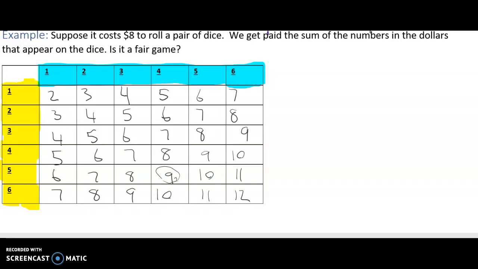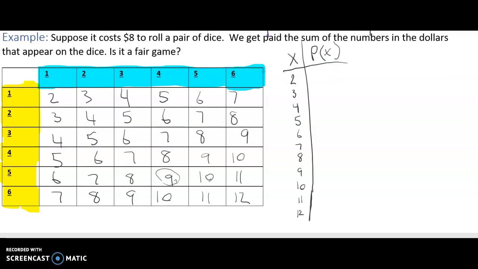Now we're going to make a table where we have each sum x and the probability of getting that sum. So we can see that some of these occur more than once. So what I'm going to do is list the numbers x that appear as sums in the table. We see the sums 2 through 12.